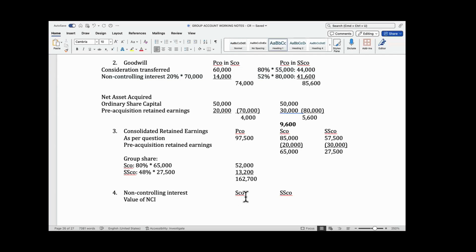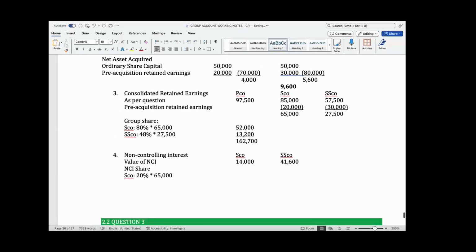So we said NCI is 14,000. And here is how much? 41,600. So NCI share in post-acquisition retained earnings. In ESCO, NCI has how many percent? That's 20% of 65,000.